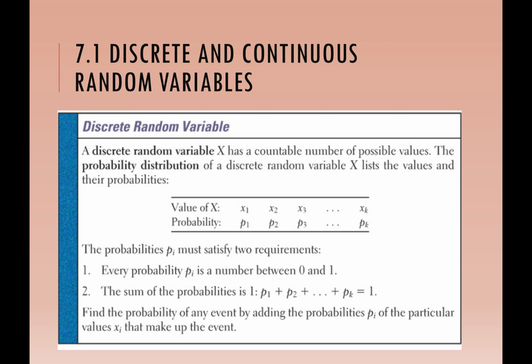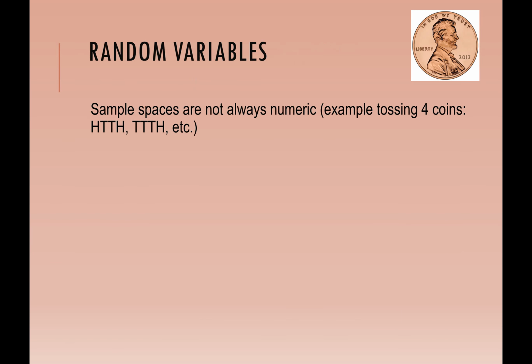And then the sum of all the probabilities for this distribution has to add up to 1, because you can't have more than 100% of your distribution, the probability being more than 100%. So let's take an example to make this more clear to you.